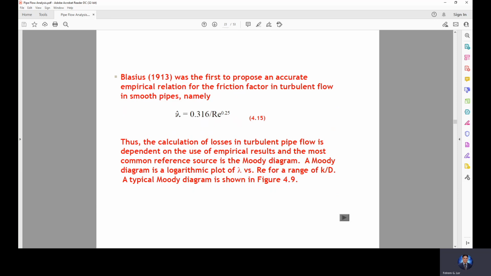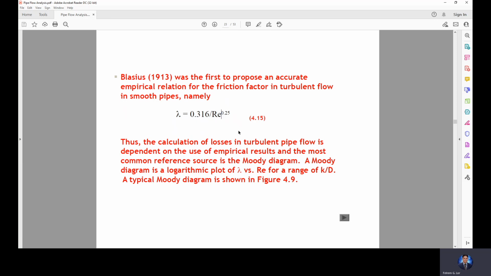As per the proposal of Blasius, lambda is 0.316 times the Reynolds number raised to the power of minus 1/4. In most cases, the calculation of losses in turbulent pipe flow depends on the use of empirical results.